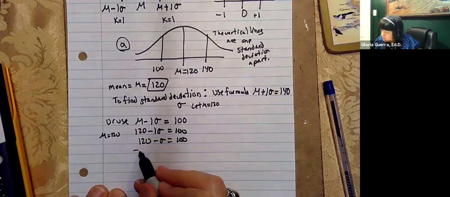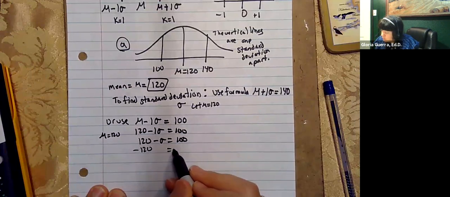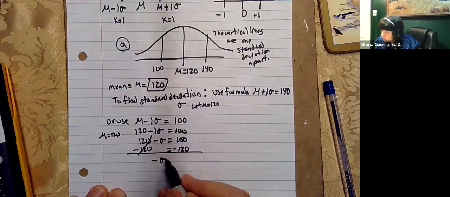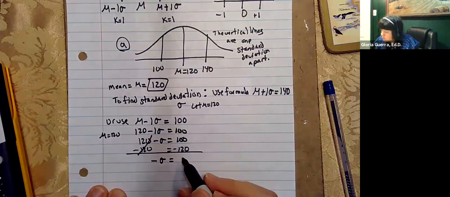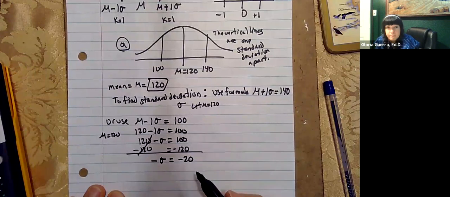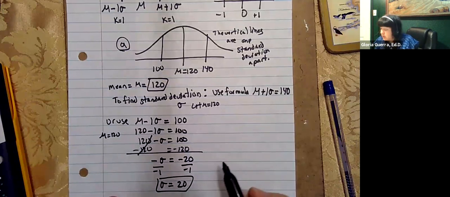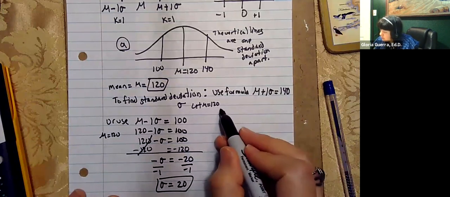And then I'm going to subtract 120 on both sides. This falls out. So minus sigma equals 100 minus 120, which is negative 20. And then I just divide both sides by negative 1. And sigma equals, negative divided by negative is a positive, 20. And I should get the same thing on this side.